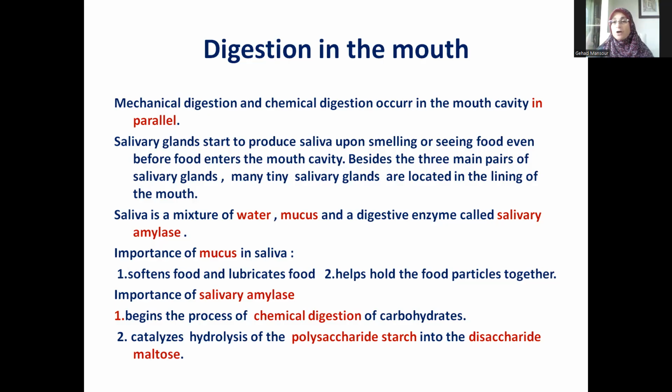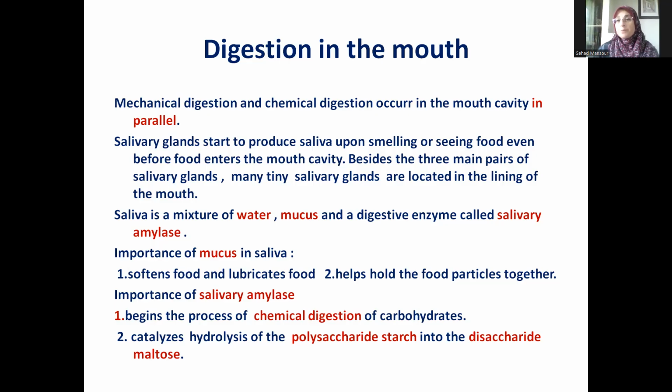And if I ever ask you to define or to explain or describe the function of salivary amylase, you would say, as usual, whenever you are required to describe the action of any enzyme, you would say it catalyzes the hydrolysis of starch, of the polysaccharide starch, into the disaccharide maltose.